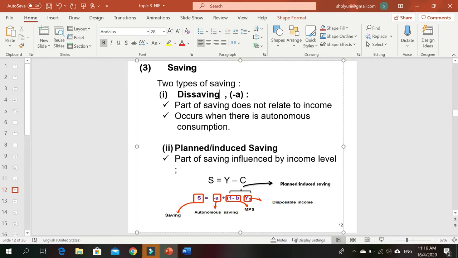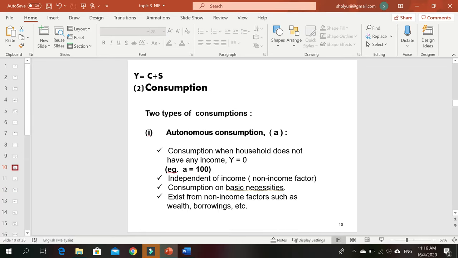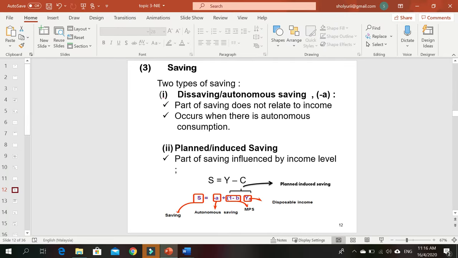This saving, ataupun kita panggil dia sebagai autonomous saving. Simbol dia adalah negatif A. Kalau tadi autonomous consumption, simbol dia A, dia terbalik. Kalau autonomous saving, simbol dia negatif A.